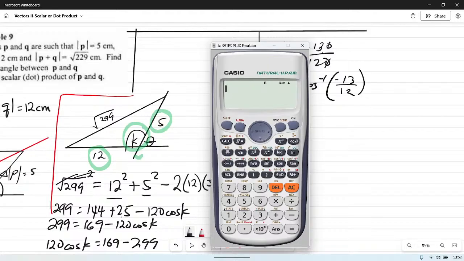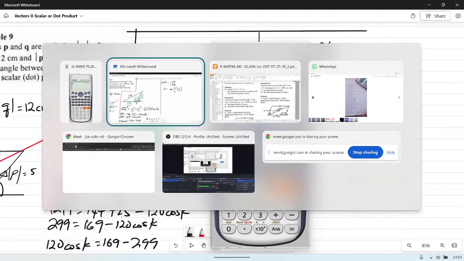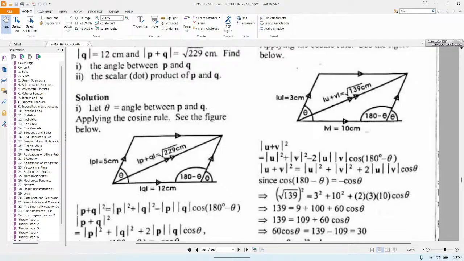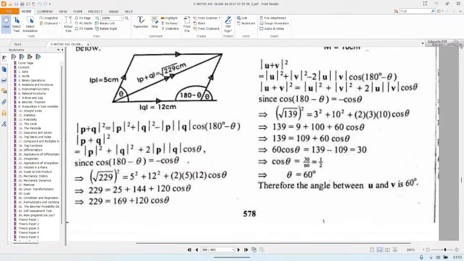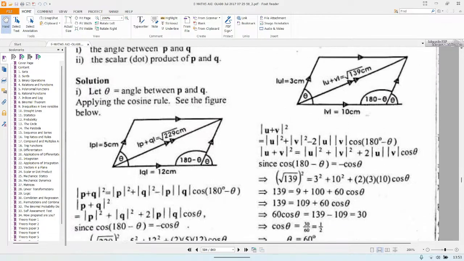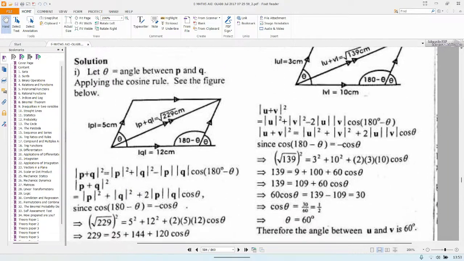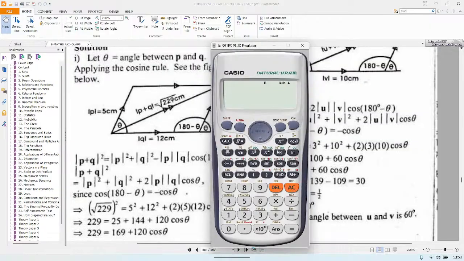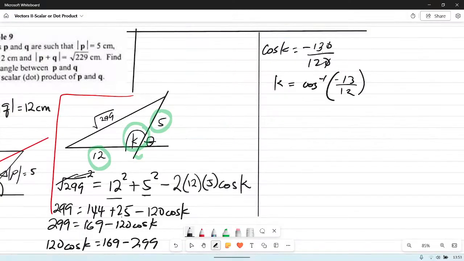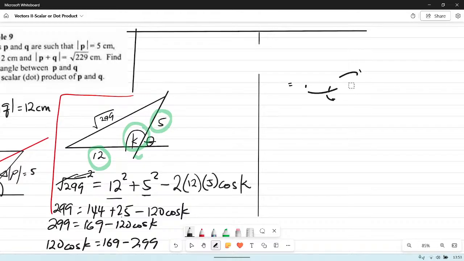It seems we are doing something wrong somewhere. Let me go look at their solution. For them, they use 180 minus theta directly. I don't like using that technique. It changes the cosine rule. I don't know if I wrote something wrong.